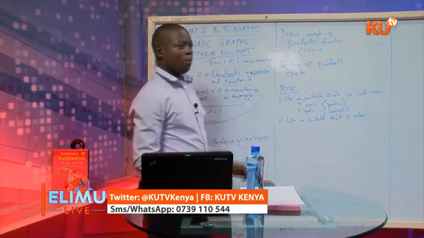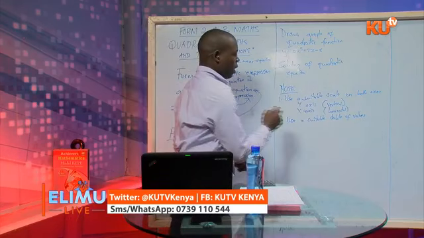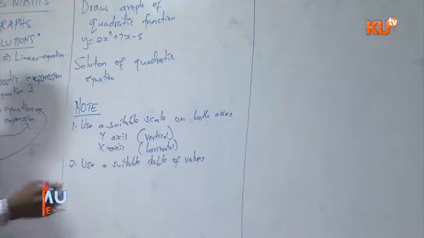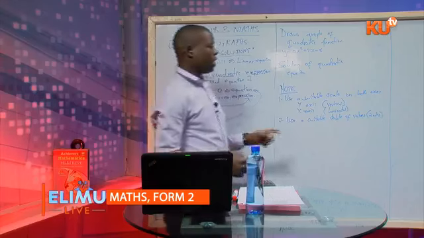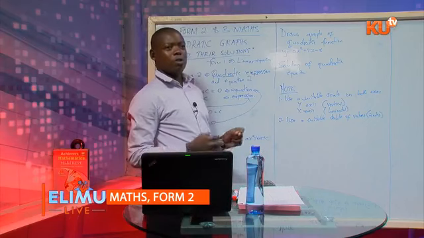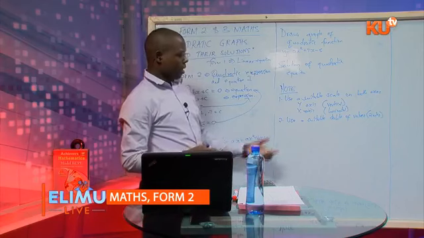And in most cases, you'll be given a question with part 1, which has to fill the table, and they will tell you that filling of the table will give you 2 marks. So that you get the correct values that you are going to use to plot your graph.